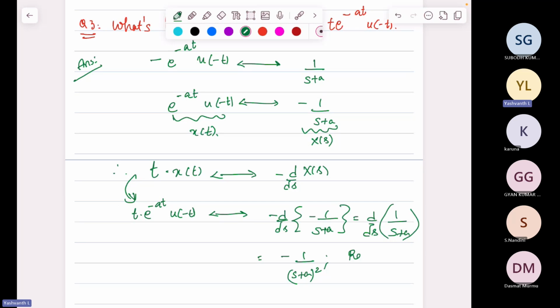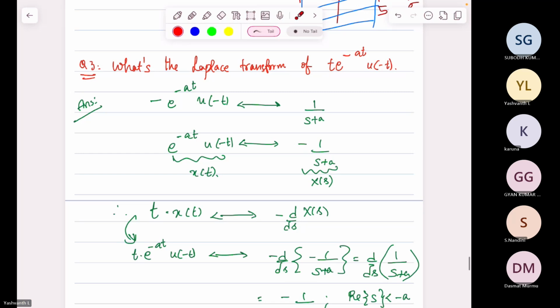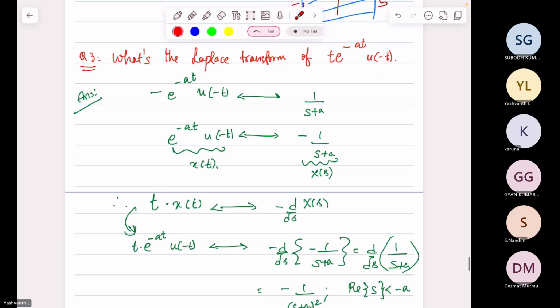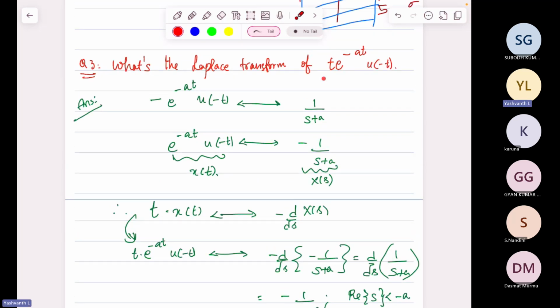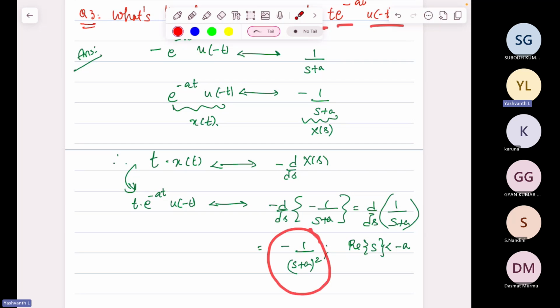And the ROC is nothing but real part of s less than minus a. Why? Because it's a left-sided signal, so it should be a left-sided ROC. So the Laplace transform of t into e power minus at into u of minus t is minus 1 by (s plus a) the whole square, with this as the ROC.